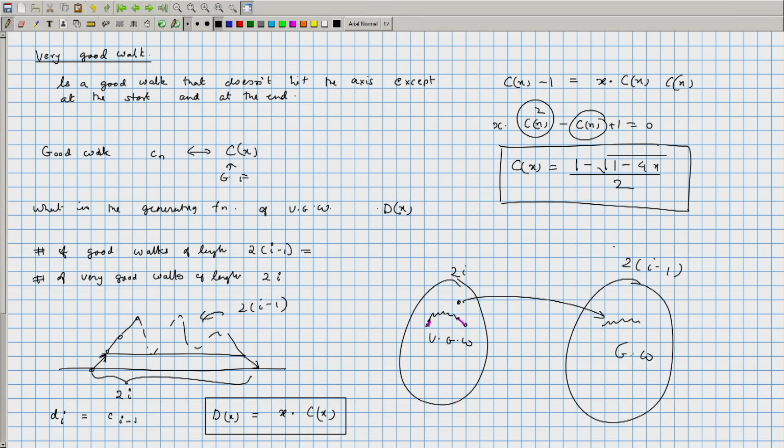Now, when the constant term vanishes, every other term will be an even term, and you can show that Cn will be of the form 2n choose n into 1 by n plus 1. So, this is the nth Catalan number. This number has a name, that is the Catalan number. We can see that many other recurrences which give rise to generating functions of this kind give the Catalan number as the answer. Okay, we will stop here.